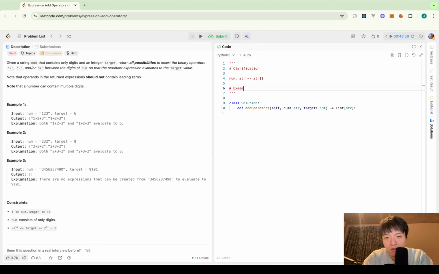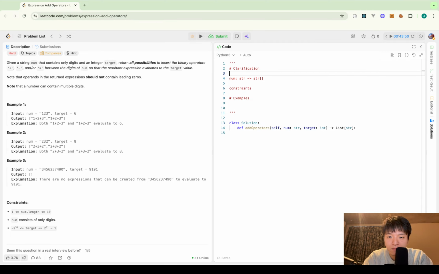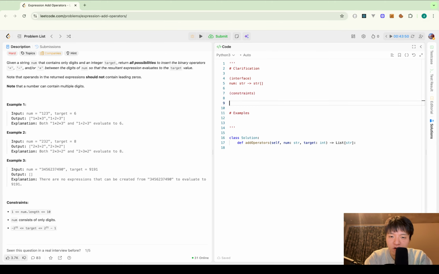Let me take a look at some examples. By the way, as a constraint, I try to confirm whether num can be empty, or whether the target can be something like 0.